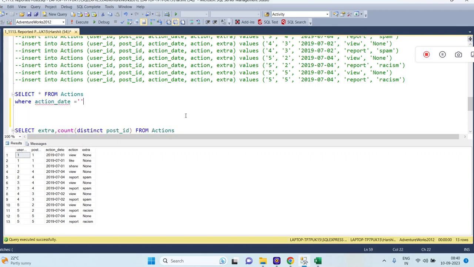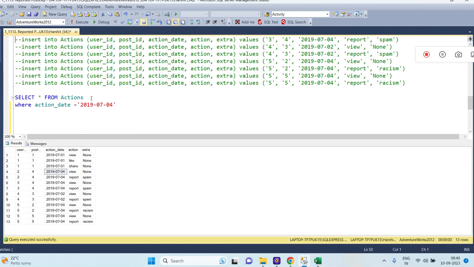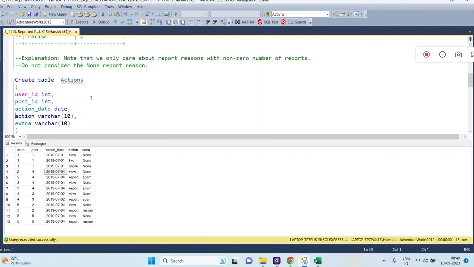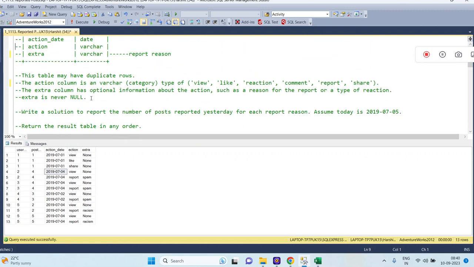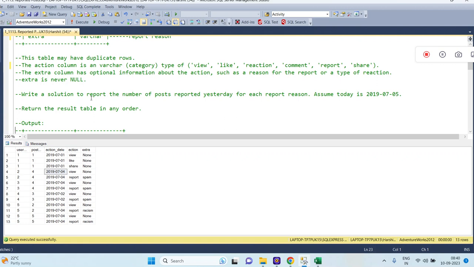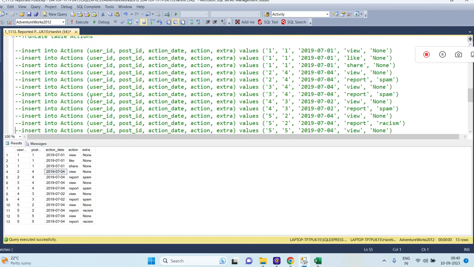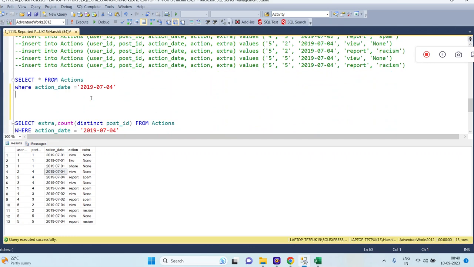Action date equal to 4th July. Now we have to count the actions which are report only, right? For that we need to add one more filter here, where and action equal to report.